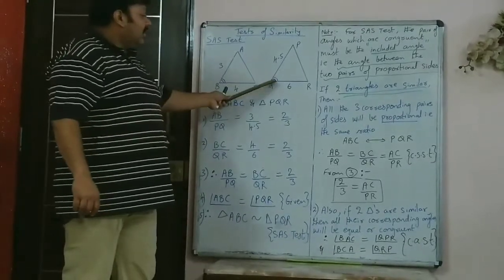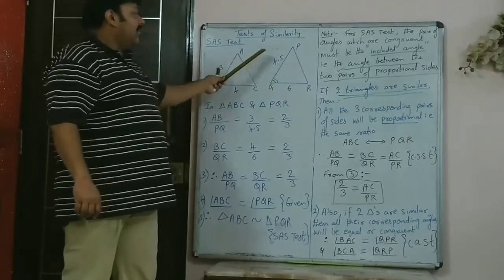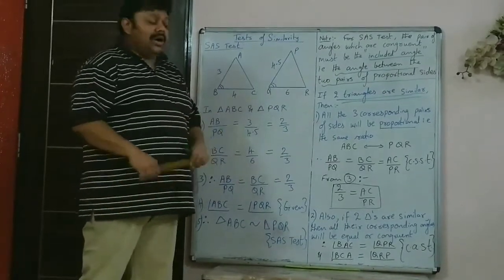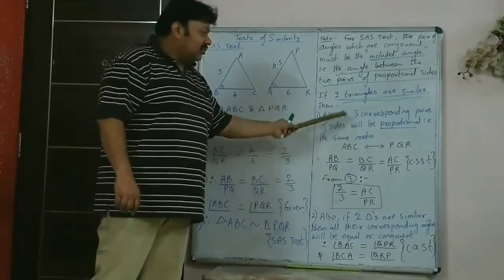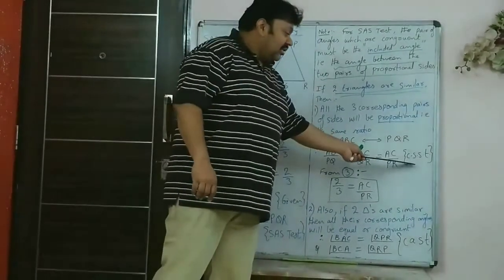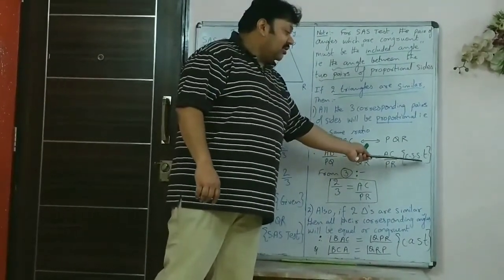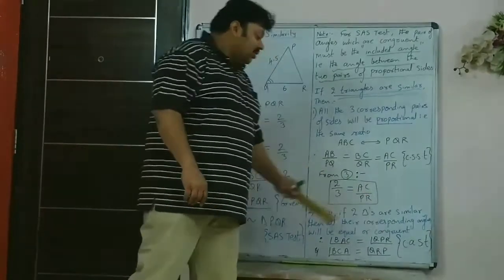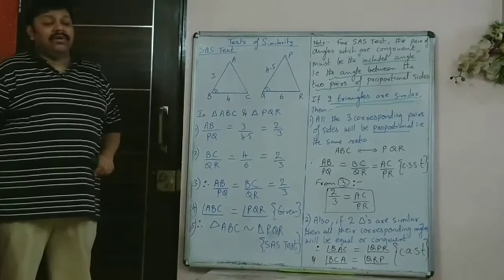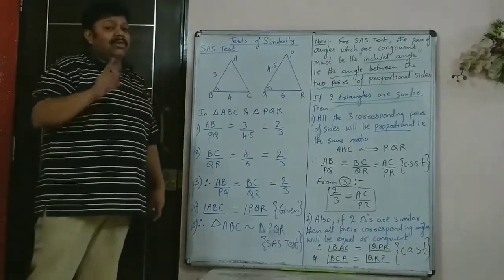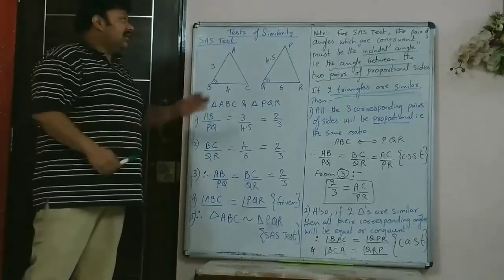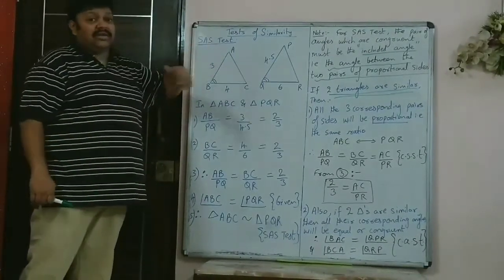B was already congruent to Q, so A will be congruent to P and C will be congruent to R. These are the conclusions of two similar triangles. When you say sides are proportional, you write CSST, and when you say angles are equal, you write CAST. Remember, we have only similarity in 10th standard, there is no congruency. So the tests of similarity are slightly different.